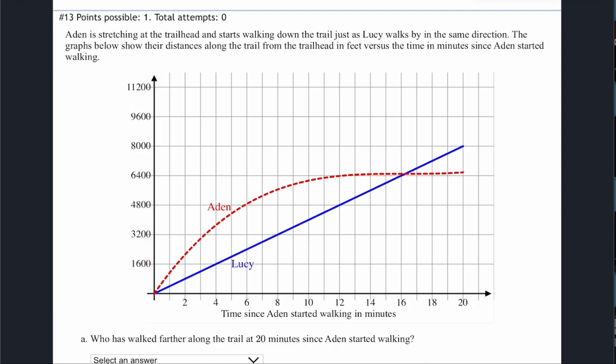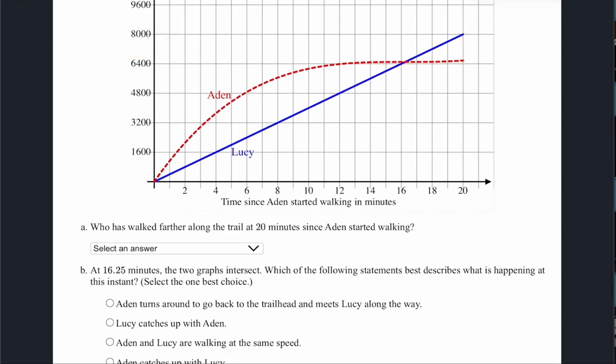At 20 minutes, Aiden has walked just over 6,400, and Lucy has got all the way up to 8,000. Since this height is different, their distance is higher. So in mine, Lucy has walked further. We're just checking at the 20-minute mark who's at the higher number of feet.